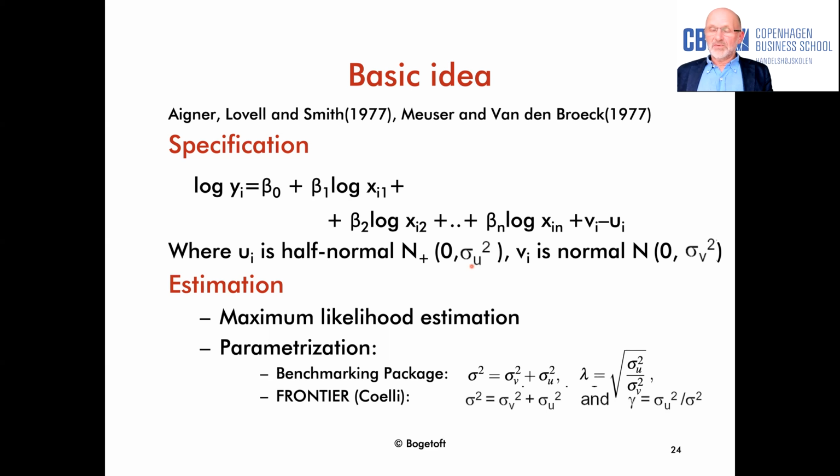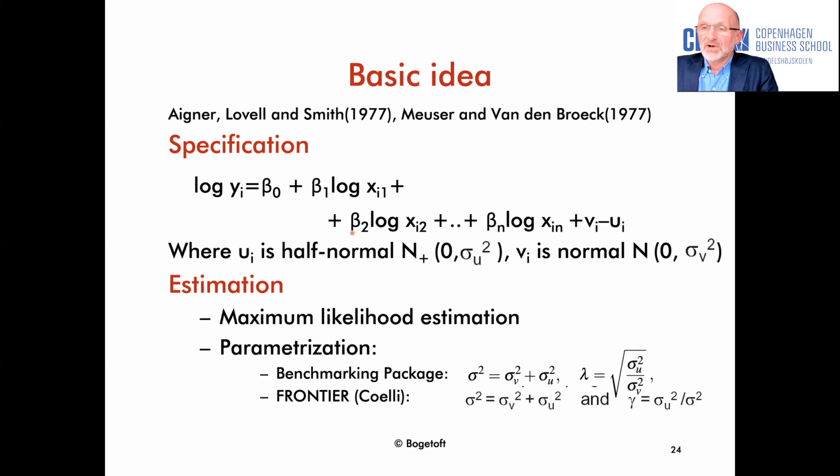So we choose the parameters in such a way that the observed data is as plausible or as likely as possible. So the task of estimating a model is one of maximizing the likelihood function, and that's a numerical problem. You can't give a closed form solution to this.